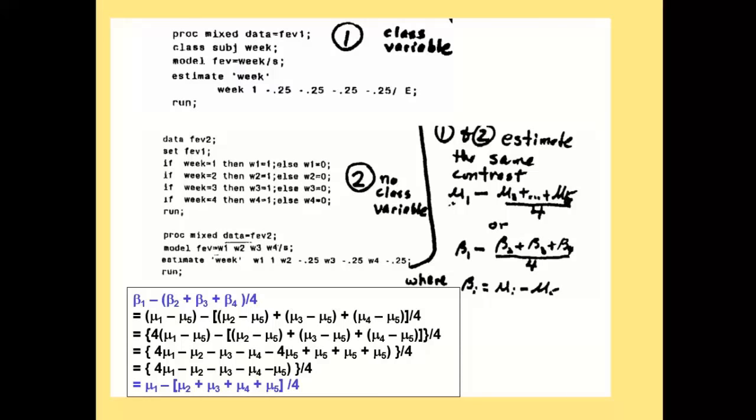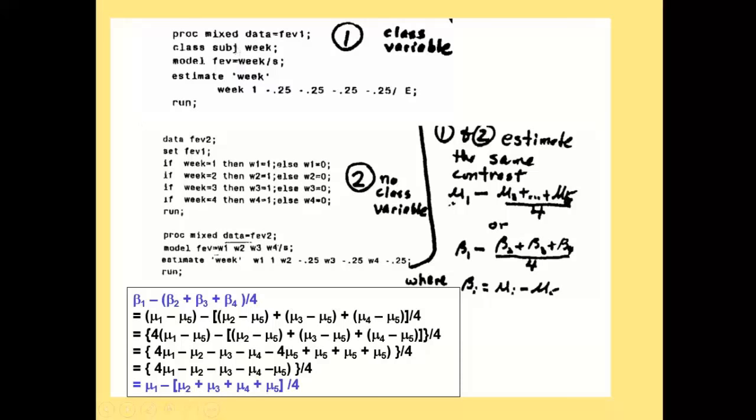Now, in this particular set of code, and I said this last time, but I think it's important that I repeat it, this code actually gives you 2 different tests. Well, technically it gives you 1 test, because this other code is giving you an estimate. What's automatically tested from these statements?